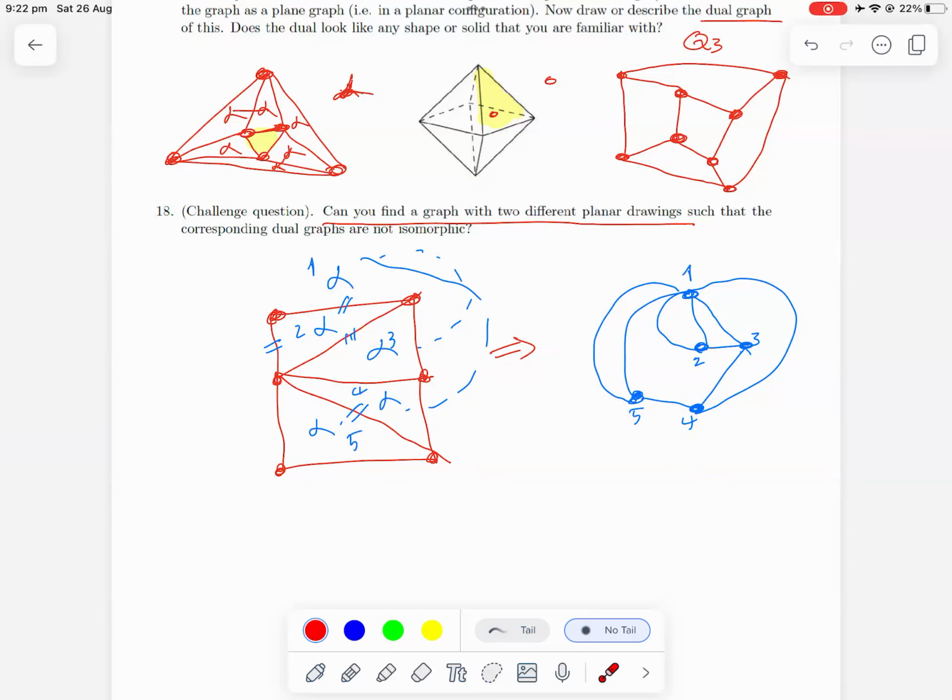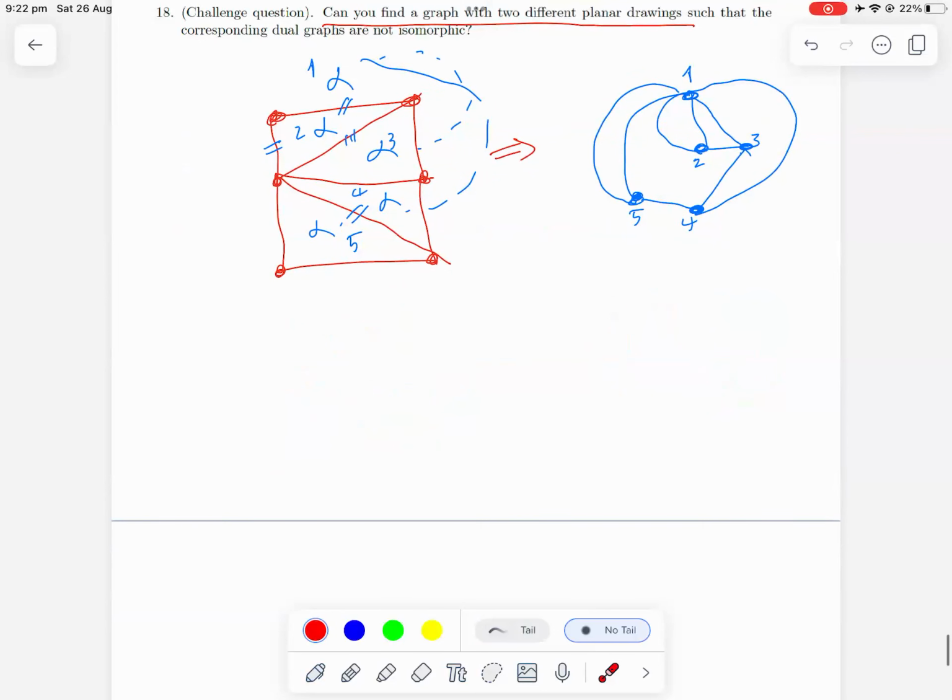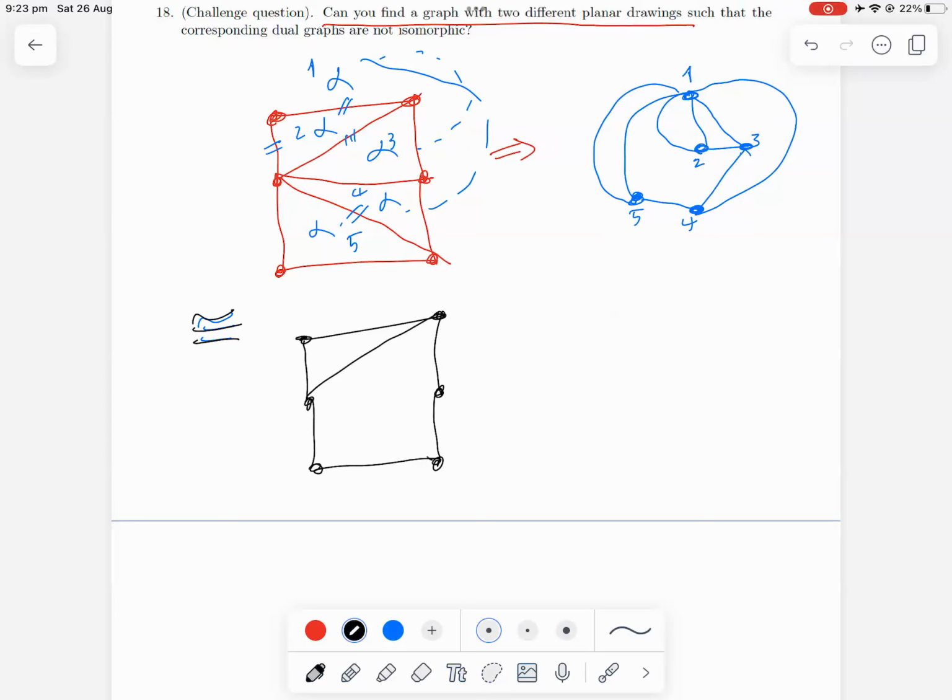Now the corresponding of this guy, so this guy is corresponding with this one, so it is this one. Okay, so can I do this one?